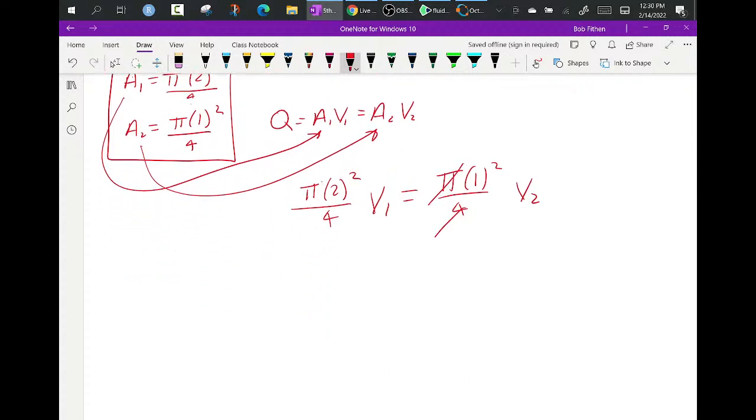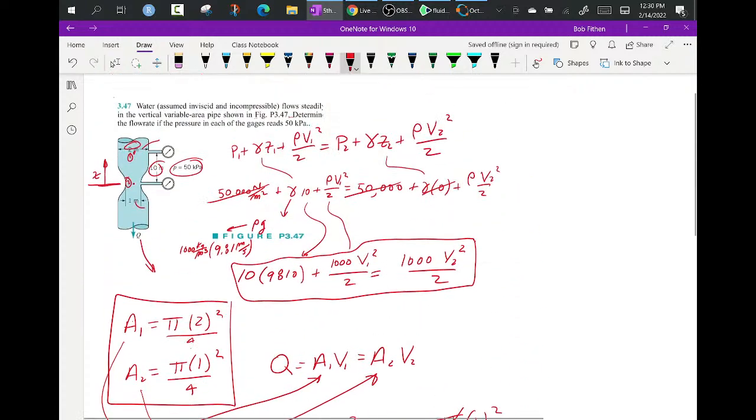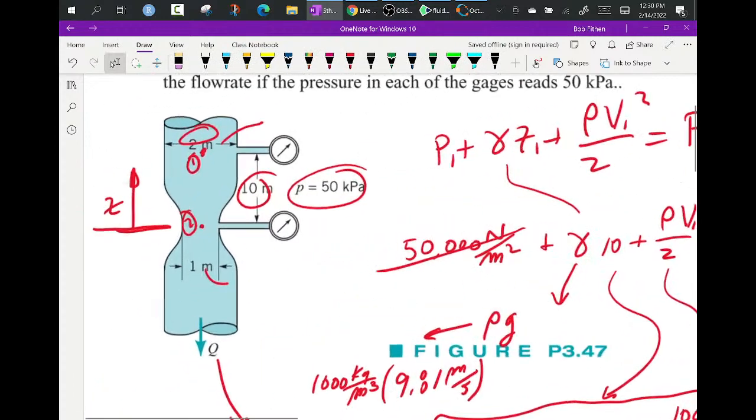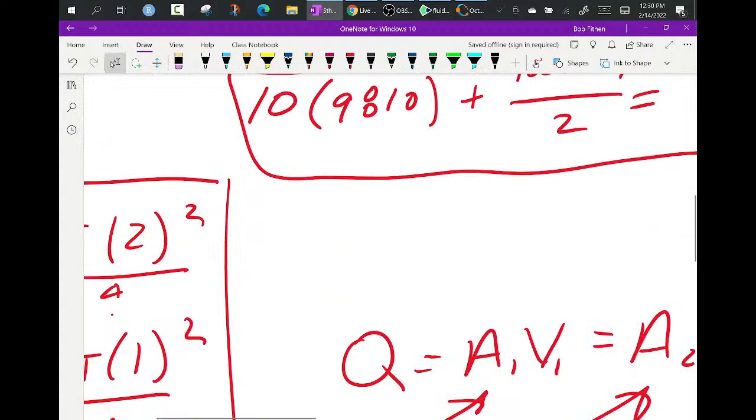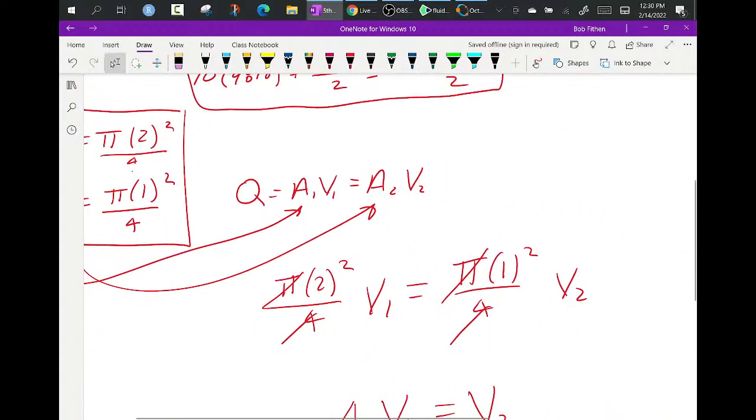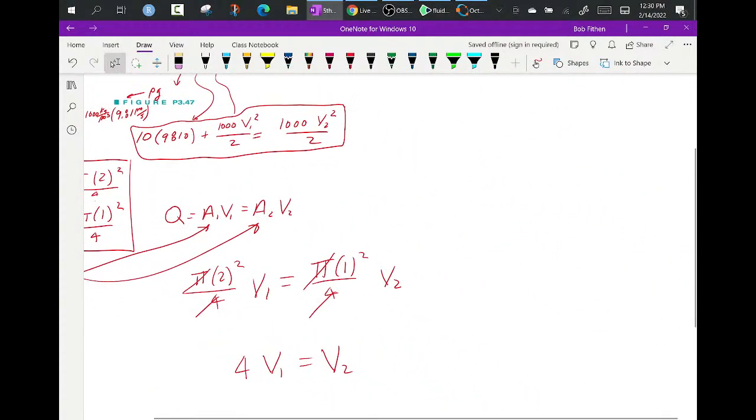Cancel that and that, and what you'll get, 4 times V1 is equal to V2. So if you take whatever the velocity is here, multiply it times 4, and that's the velocity here. It's sped up because it shrank down in the area. It so happens it shrank down such that it becomes 4.